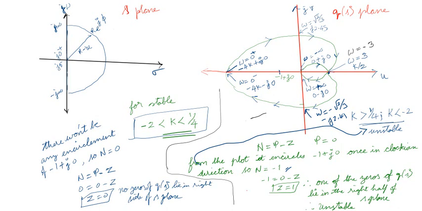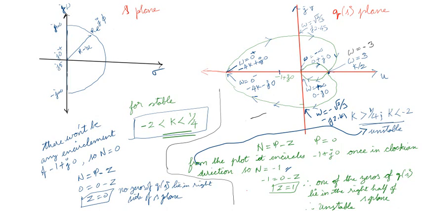I hope you learned something from this lecture, already 51 minutes, right? Please listen to it again. The simple thing here is that we are using the principle of argument. We are going to plot from the GH plane to the 1 plus GH plane, that is, the s plane to the q of s plane. To cover the right side, we take a segment C1 for the imaginary axis. For the entire right side, we take a segment C2 whose radius is R, and to cover the angle, I go from angle phi from 90 degrees to 0 degrees and minus 90 degrees.